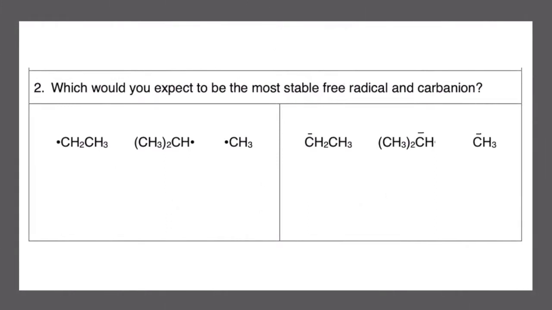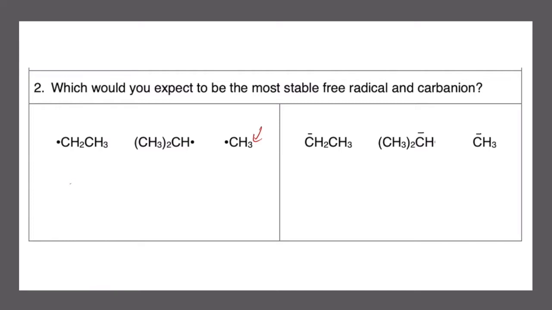Now, which would you expect to be the most stable free radical and carbanion? You can pause and then decide, and after that, look at my answer. When we're talking about free radical, of course, like I said, the more the alkyl group, the more stable the free radical. So we know this is the least one, confirm lah. Which one yang lagi stable? If you cannot see, you can draw.